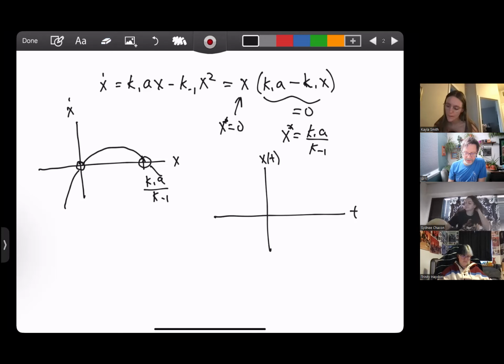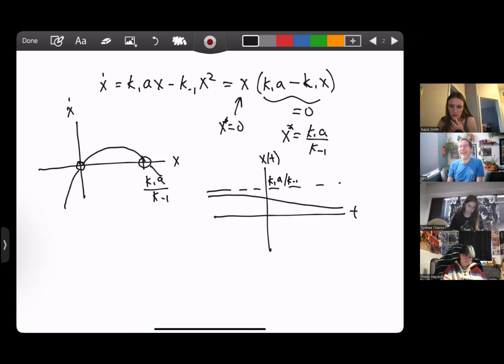So this is going to be the x versus t down here, and you're going to have your equilibrium at K1A over K minus 1, and then just figure out the right flow in there. With the little arrows, and then whatever trajectories. This isn't right, what I'm doing here, deliberately so, but something like that.